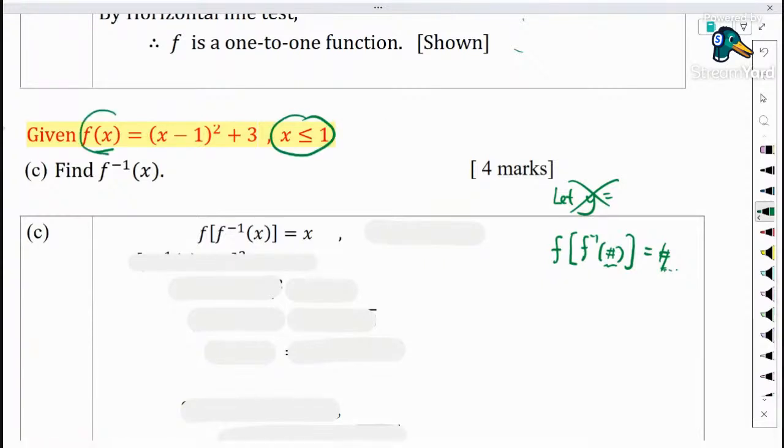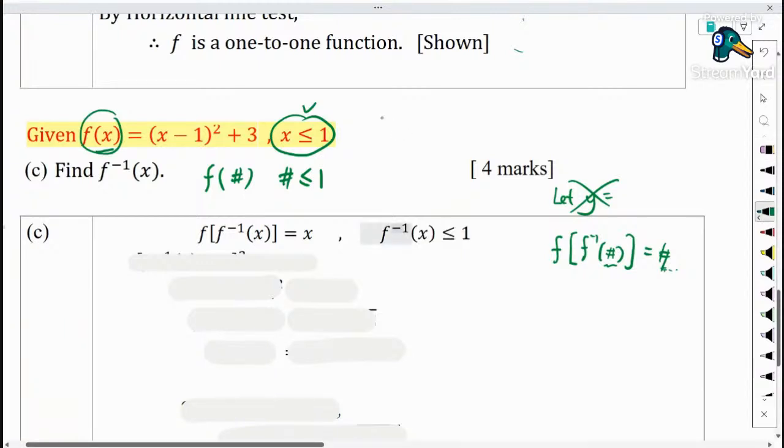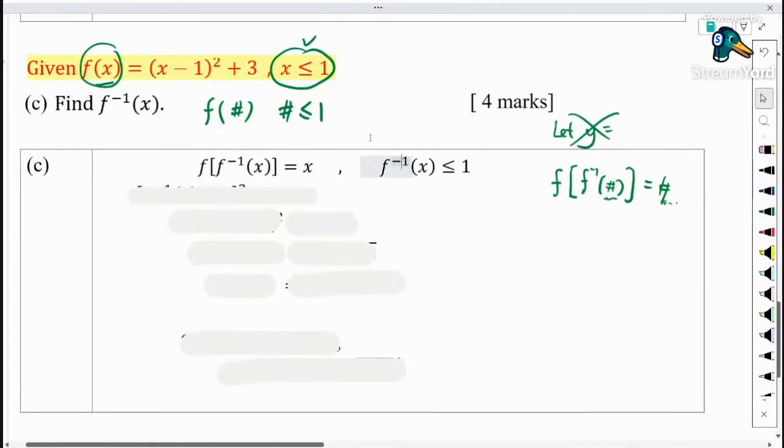What this function is saying is that if I have f of a hashtag, then the hashtag here should be less than or equal to 1 according to these conditions. So in this case, the hashtag is f inverse. So f inverse should be less than or equal to 1. And this criterion is very important for determining the inverse of these quadratic functions later. Go on.